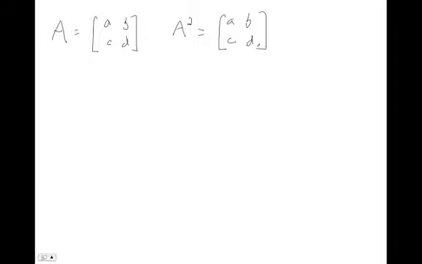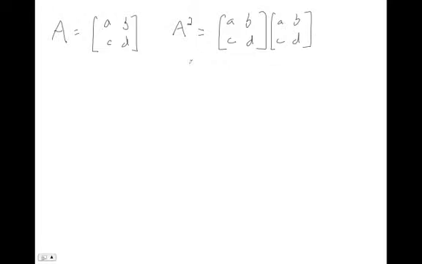So let's say I have a matrix A, and let's just say it's a little 2 by 2 matrix of some constants a, b, c, and d, like this. Now, this idea of A squared is something that's really well established, and it's sort of obvious how you would do that. You would just multiply [a, b; c, d] times [a, b; c, d].